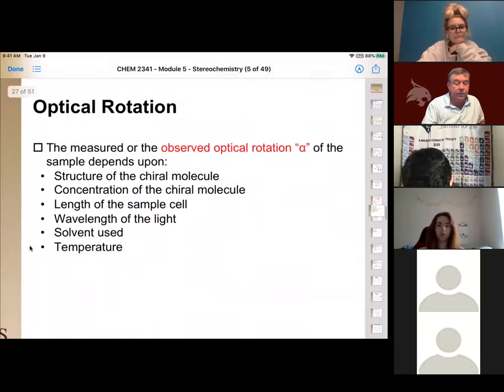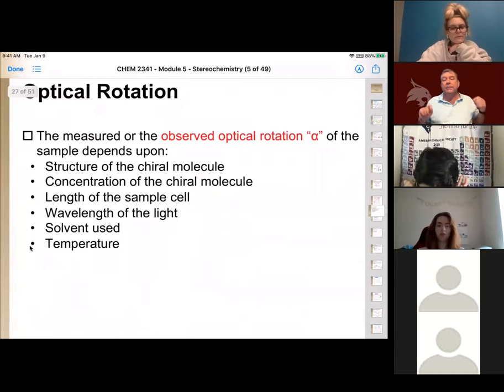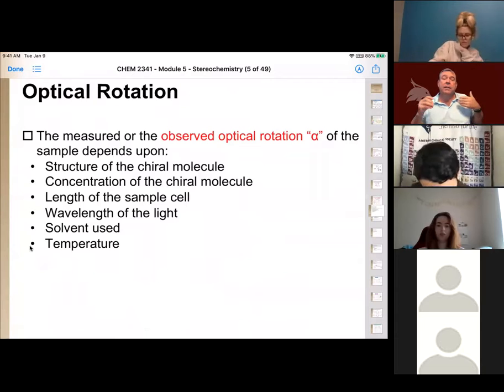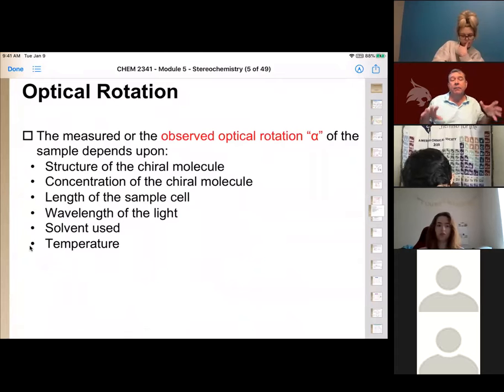Okay, so when we measure this, it's very sensitive to things like concentration, the amount of sample that interacts with light, the temperature, and the type of light we use. So when we have these rotations, we actually have to specify what concentration we have, how long a length it had time to interact with that light, and the wavelength of light, because higher wavelengths and lower wavelengths can change it slightly.